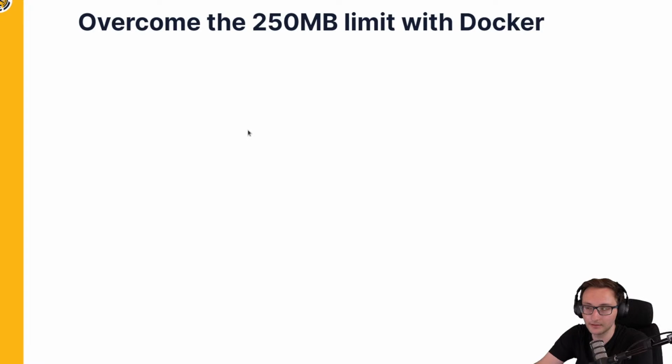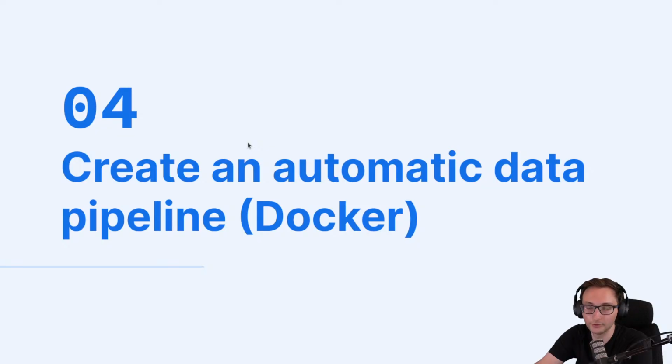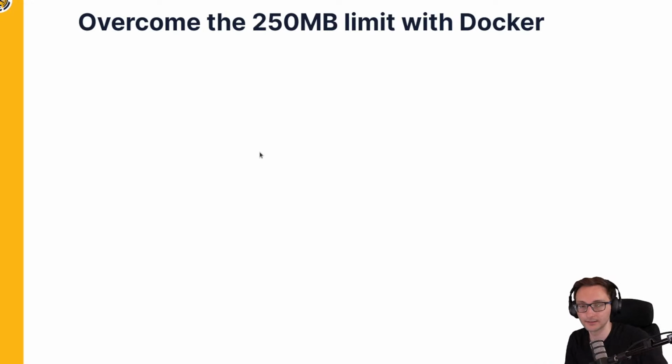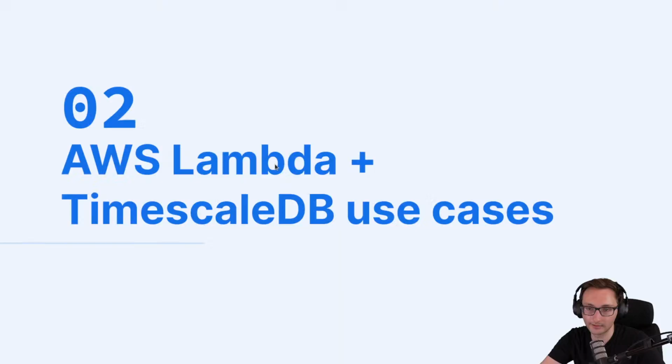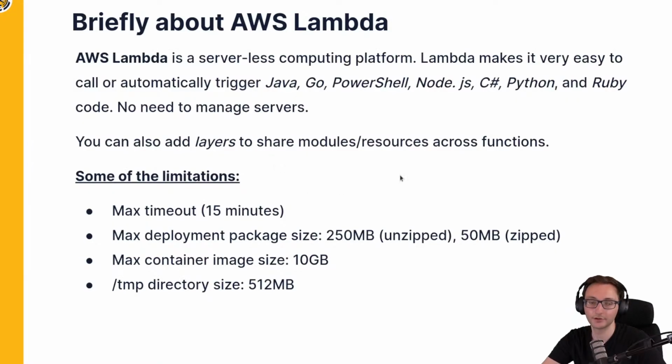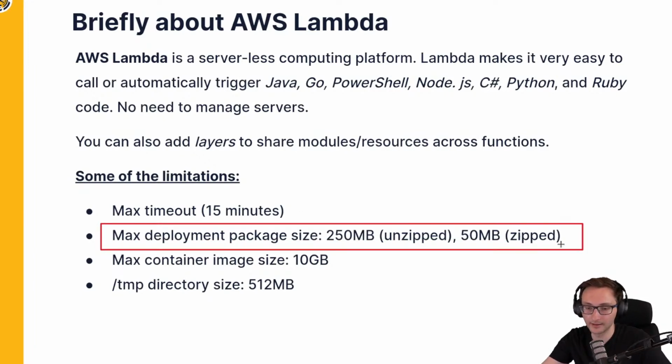And basically, the reason we are using Docker is that, as I said at the beginning of the presentation, there are limitations with AWS Lambda, and one of the limitations is that the max deployment package size can only be 250 megabytes, which is an issue if you are trying to use pandas and maybe PG copy, as we are going to, and some other bigger libraries.